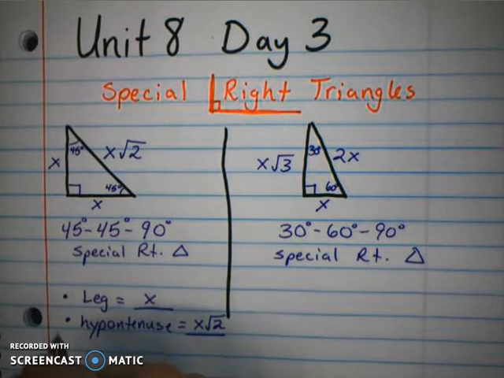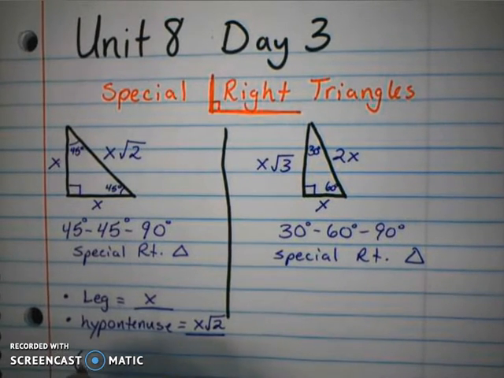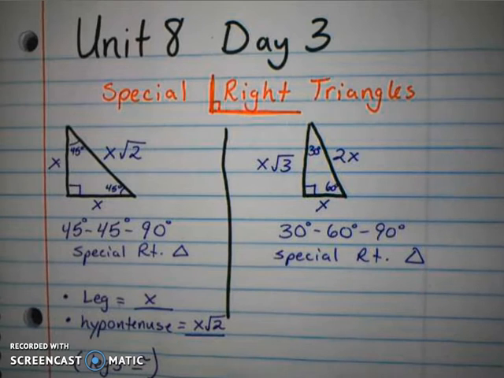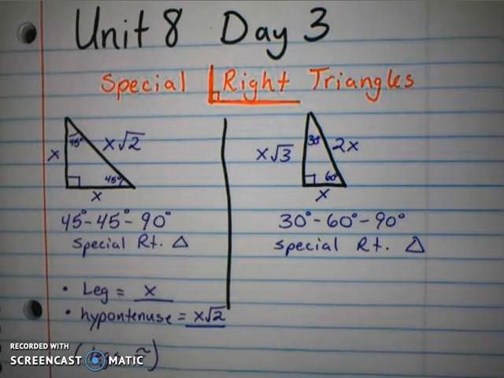And remember, in this case, the 45-45-90, the legs are congruent. The two equal sides are the legs. Okay?